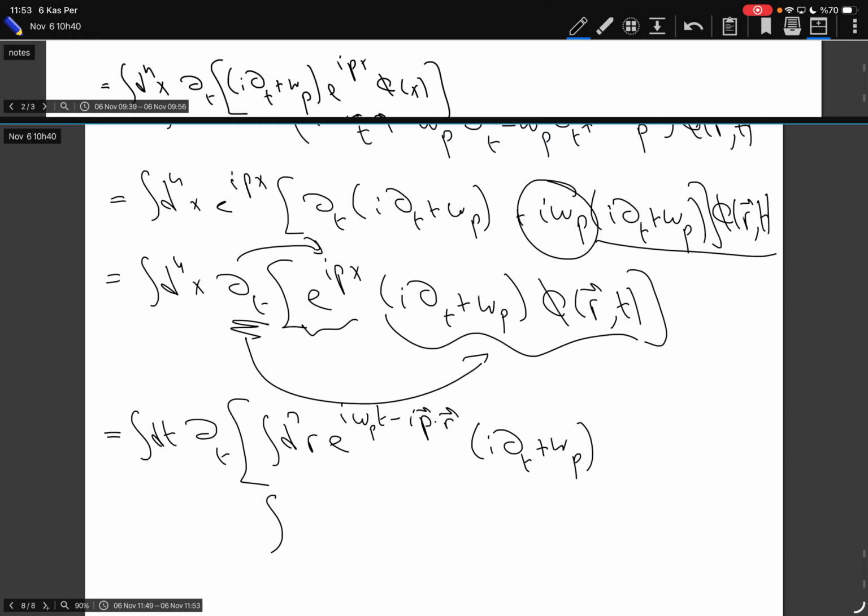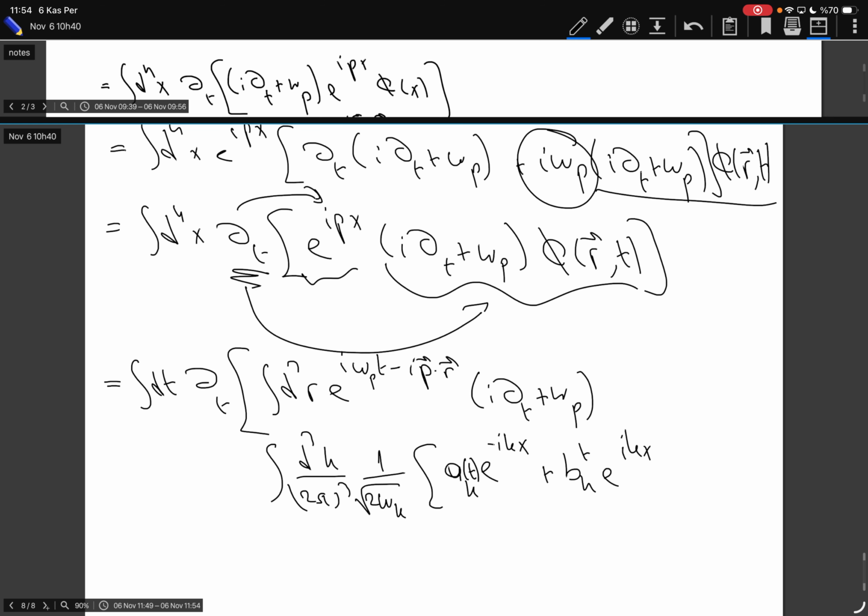Well, my phi field, I had already written down its expression: d^3k over (2 pi)^3 times 1 over square root of 2 omega_k, a_k e^{-ikx} plus b_k dagger e^{ikx}.